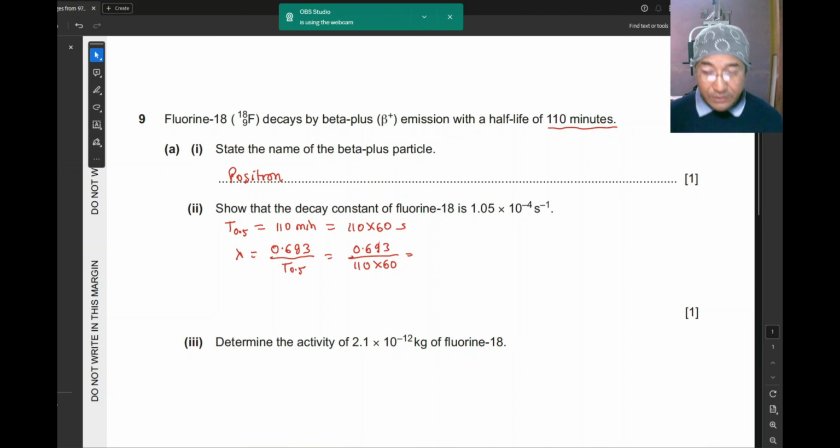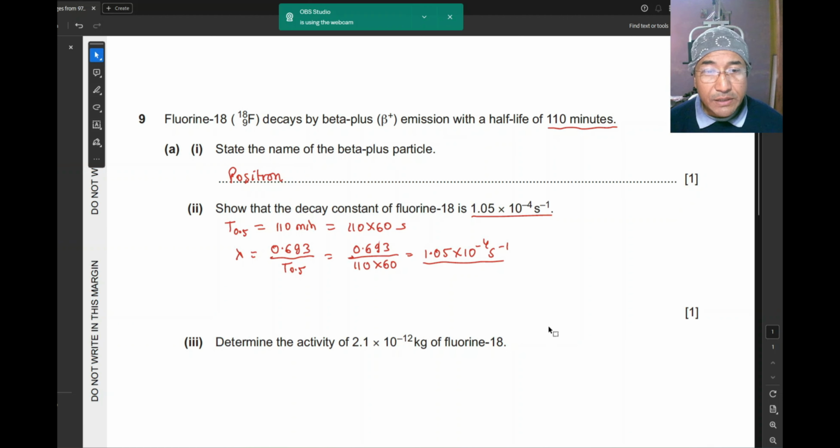If I use the calculator here, 0.693 divided by bracket 110 into 60 bracket, it comes out to be 1.05, and there is 0.22 as well, I neglect that, into 10 to the power minus 4 per second. So this answer matches with this.